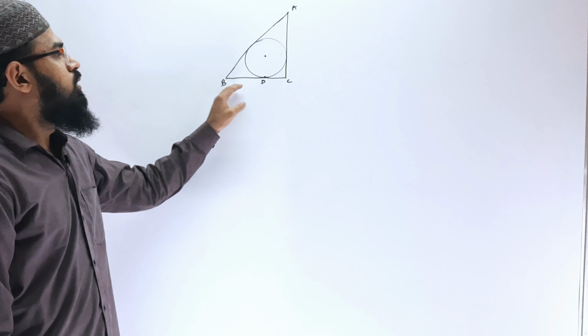If you know that the given triangle is right angle triangle, then it will be very easy for you to find out the sides AB and AC. Now let us see here. It is already given that BD is 9 centimeter and DC is 3 centimeter and the radius is 3 centimeter.